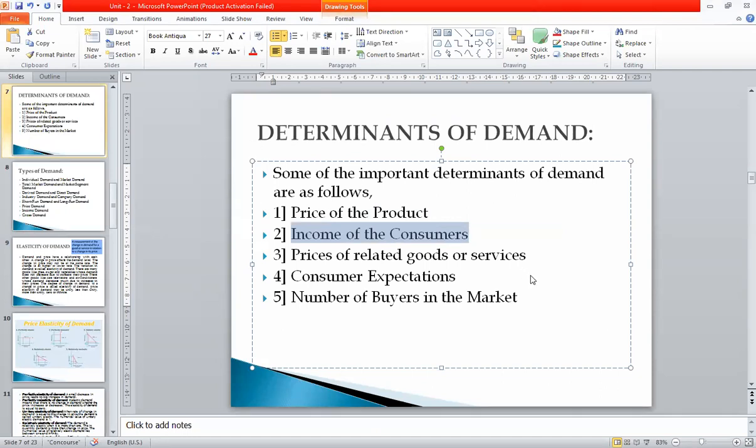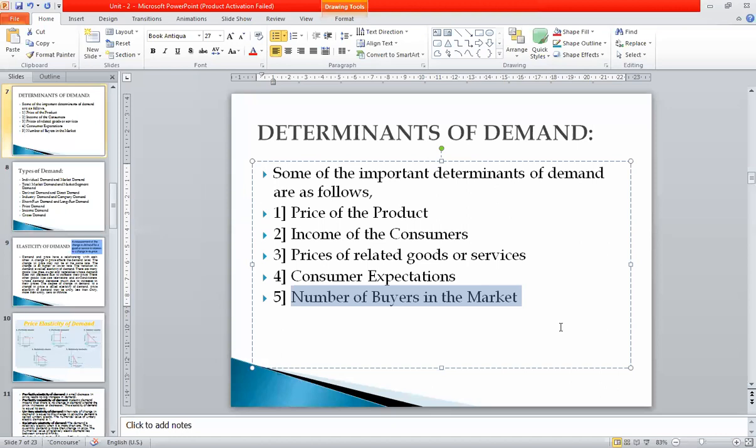The price of related goods and services is the third one. Then consumer expectations: if consumers expect good quality products, companies will come forward to produce good quality products. And then the number of buyers in the market, which every time we need to identify.